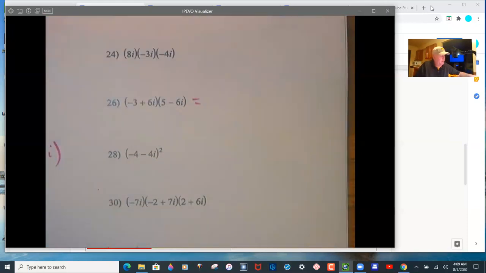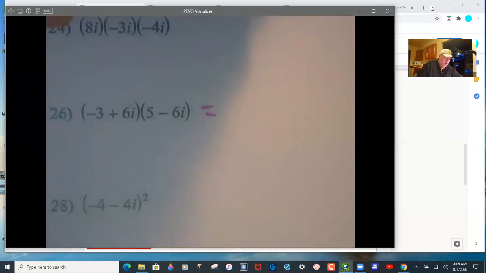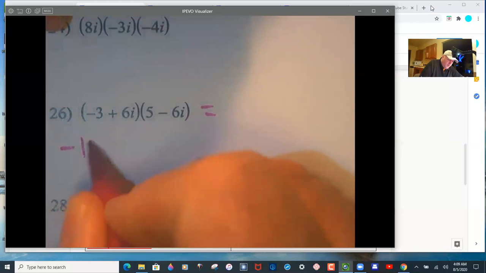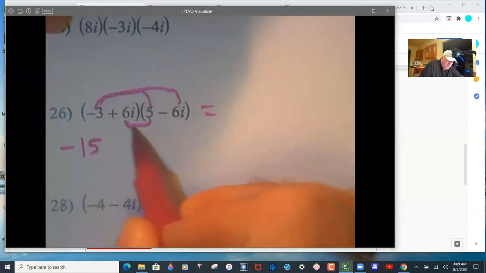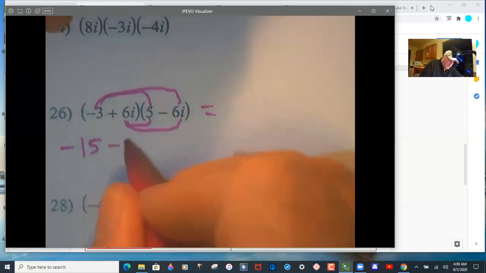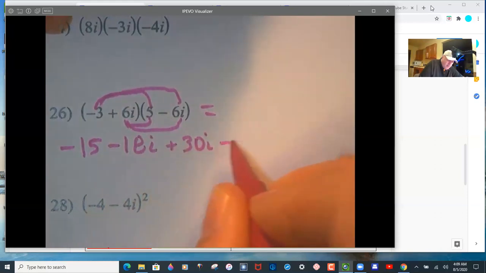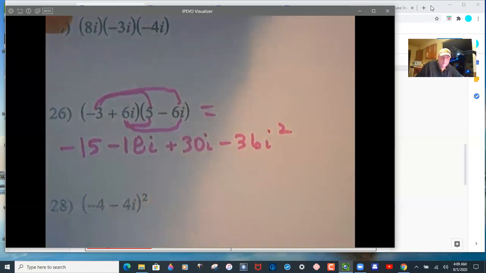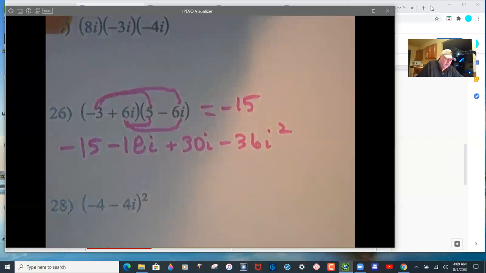Now let's remember that i squared equals negative 1. So first 2, outer 2, inner 2, last 2. So minus 18i plus 30i minus 36i squared. And now we're just going to combine all of these, knowing that i squared is negative 1.